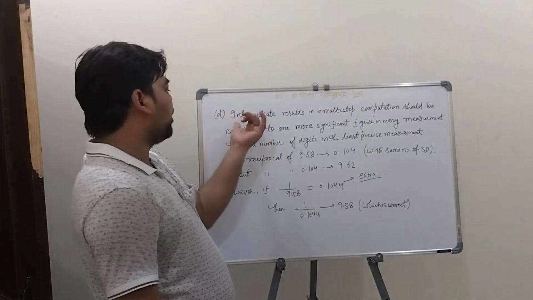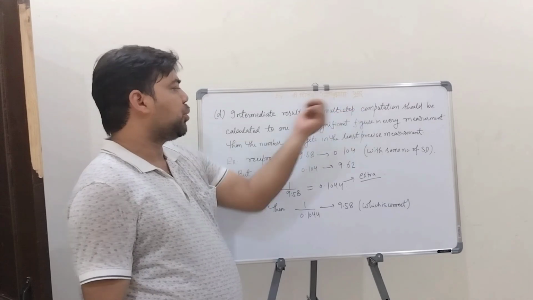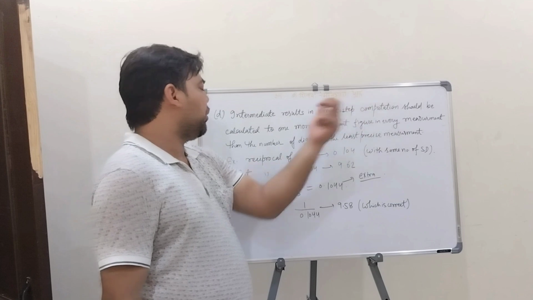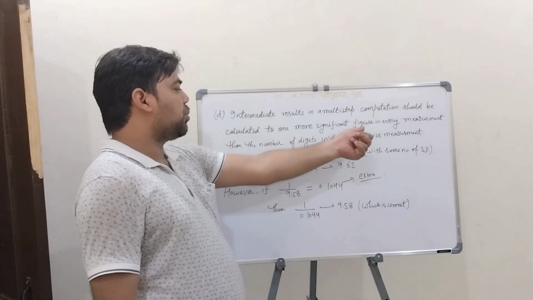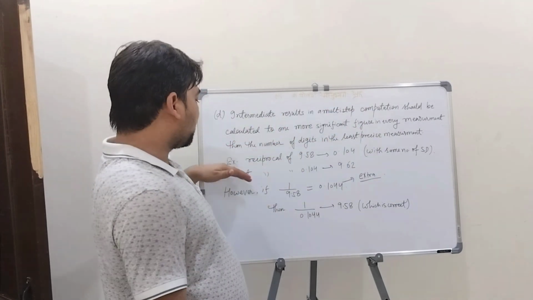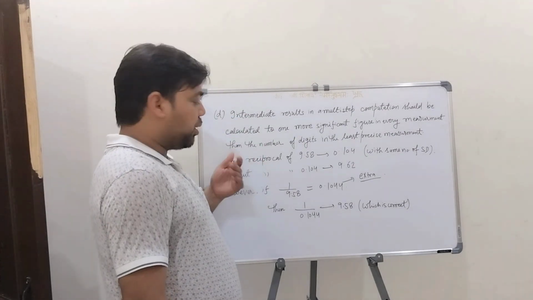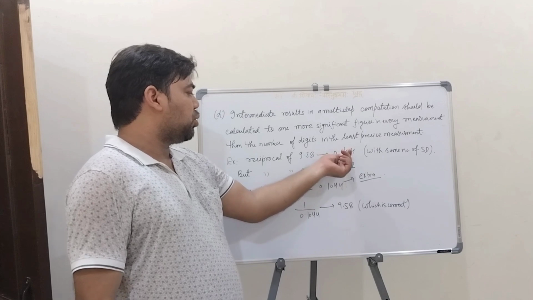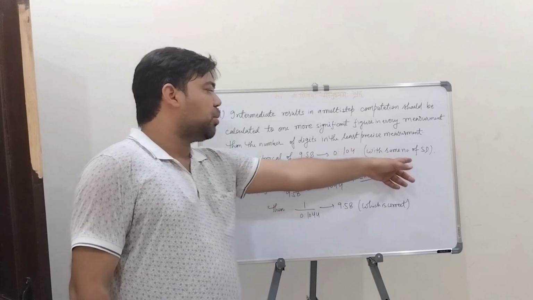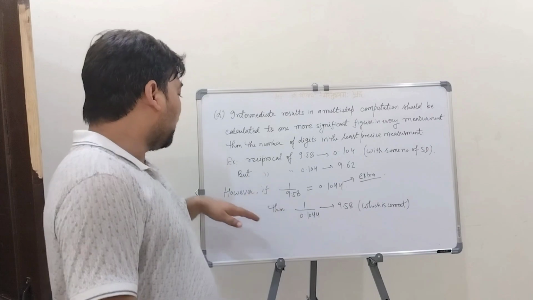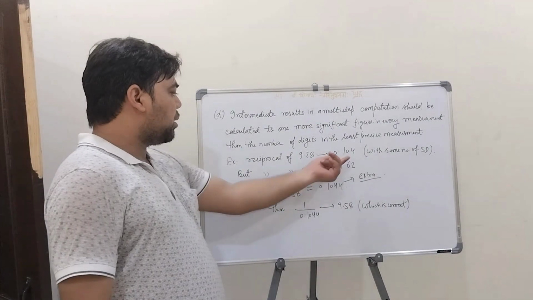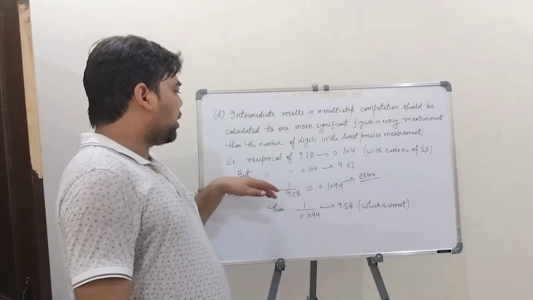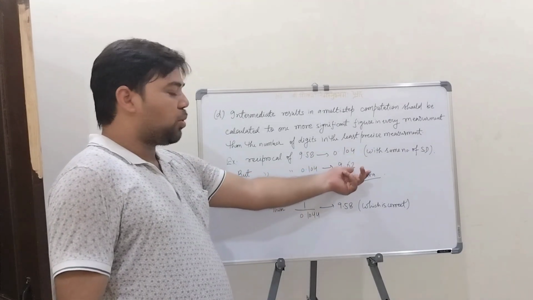So rule 4 is, intermediate results in a multi-step computation should be calculated to one more significant figure in every measurement than the number of digits in the least precise measurement. Let us take an example to understand the statement. The reciprocal of the number 9.58 is 0.104 with the same number of significant digits. Now, if you again take the reciprocal of this number 0.104, we will get a different number, which is 9.62.